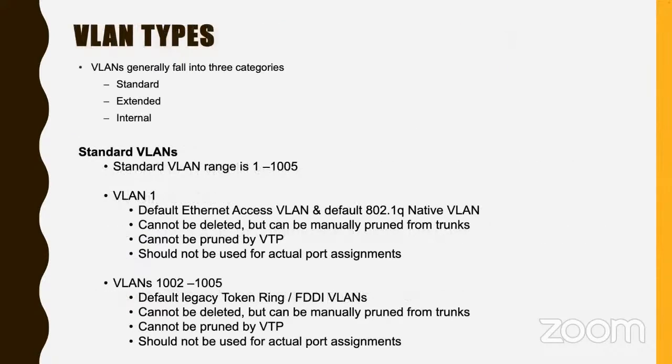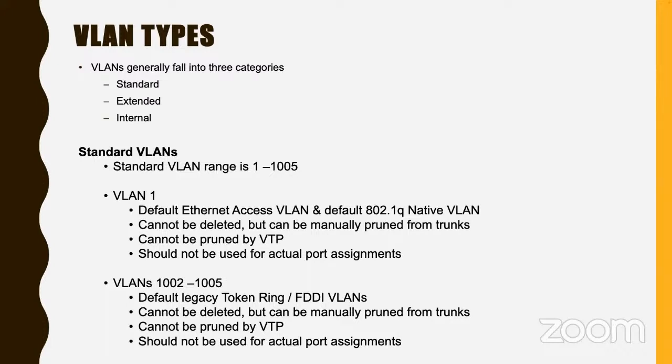All right. Types of VLANs. On a high level, we have standard VLANs, extended, and within that extended, we have some internal VLANs also. Standard VLAN range is starting from VLAN 1 going to VLAN 1005. VLAN 1 is our default VLAN. Every switch port within our switch is by default part of VLAN 1.